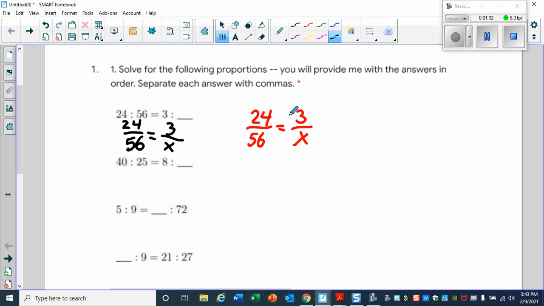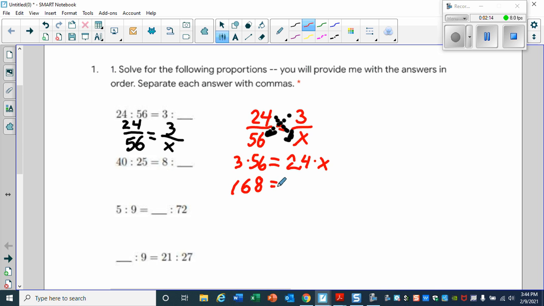So for instance, 3 times 56, or 56 times 3. And you're going to set that product equal to 24 times X. And then 3 times 56 is 168, I believe.